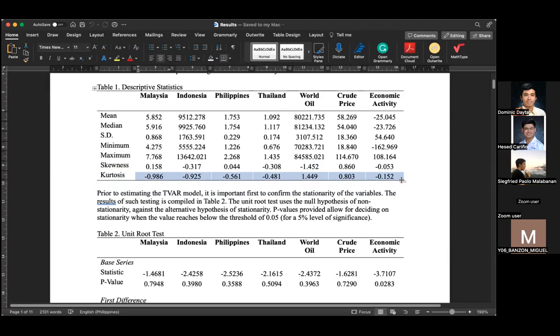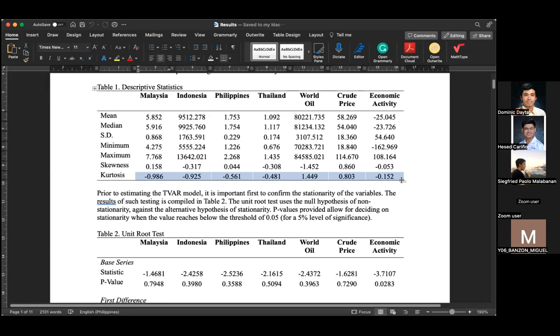So si negative 0.986, negative 0.925, they're technically negative, flat, pero again, we generally assume na regular lang yung kurtosis nila. Yung nakikita natin na may mataas na kurtosis is again si world oil production with 1.449. So this is a high number, meaning majority of the data can be found around the center, na kung saan mataas yung concentration niya.